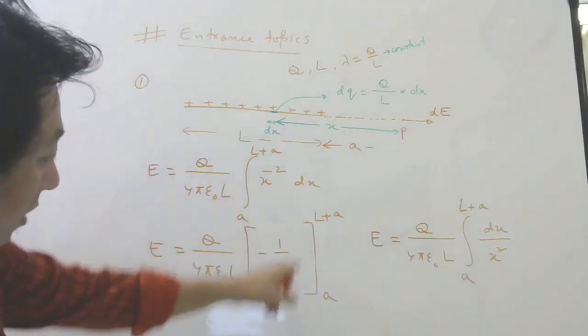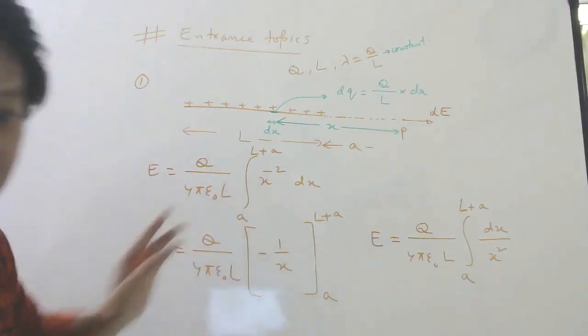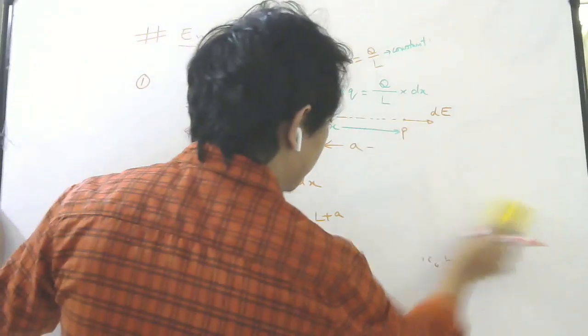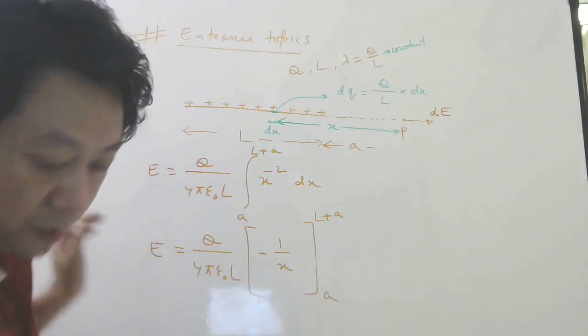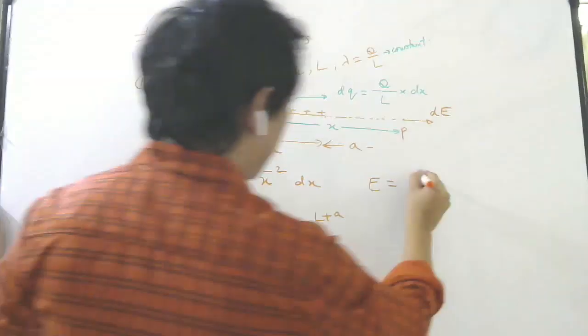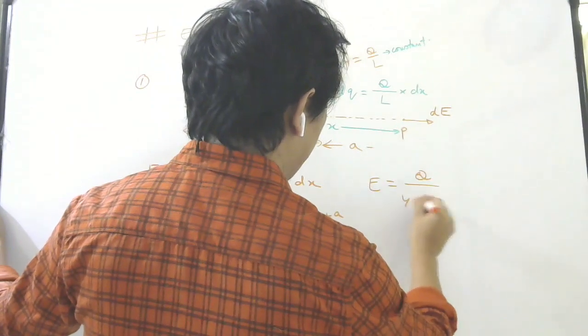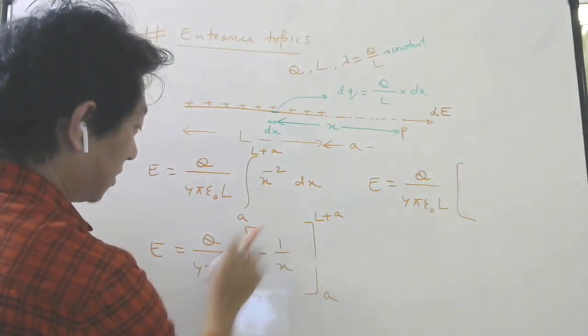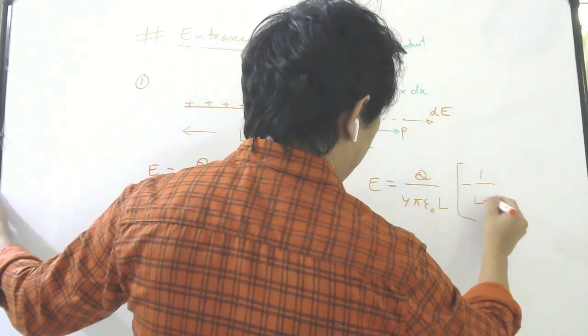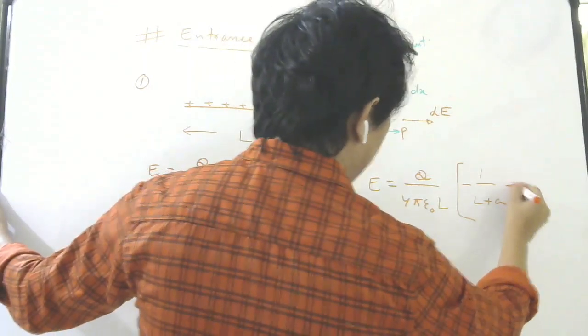Once we have done the simplification of the integration part, now you put the limits. If you put the upper limit, what will be the electric field? Electric field is Q divided by 4 pi epsilon naught L. Put the upper limit in place of the variable, so it will be minus 1 by L plus A. Then put the minus sign from the formula.